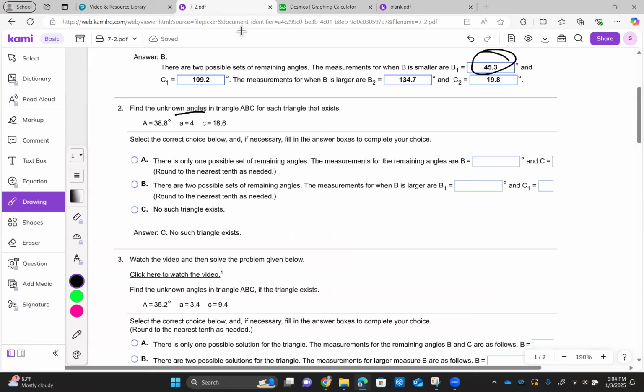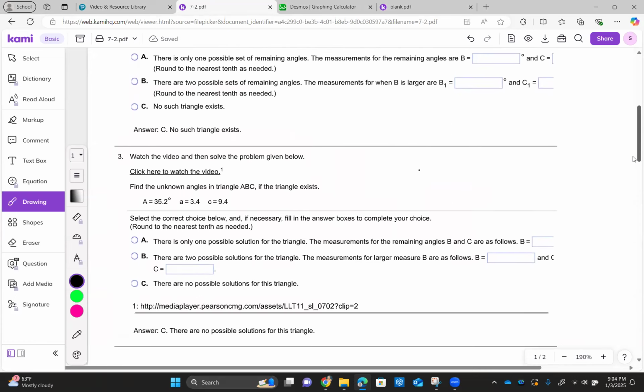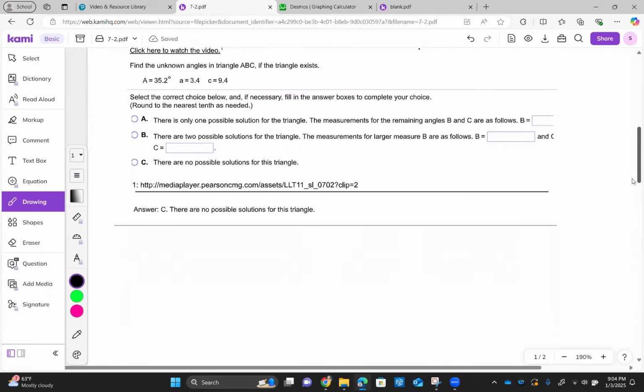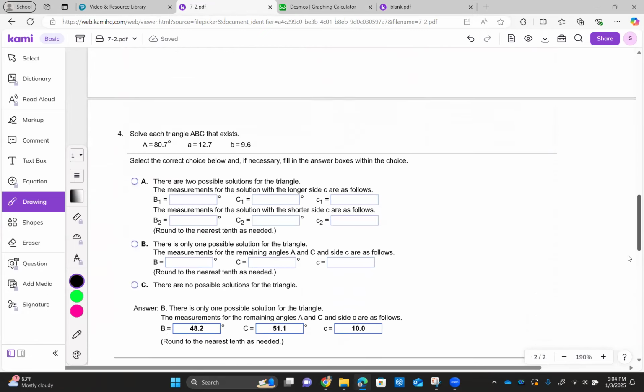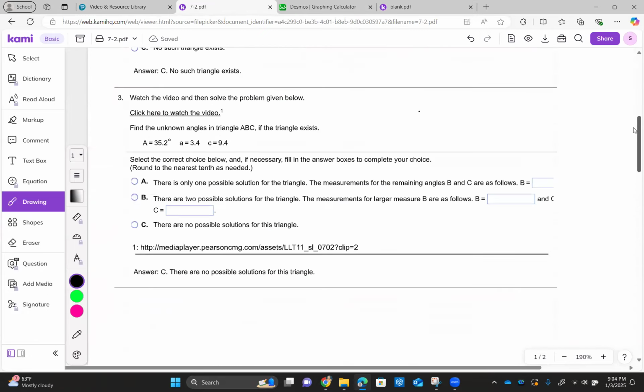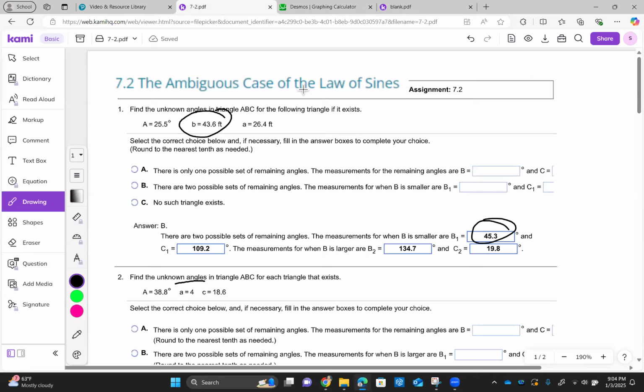So for these questions on the homework, some of these problems will have 2 solutions, some of them no solution exists, and some of them will have just 1 solution depending on the given numbers. And good luck with the ambiguous case of the law of sines for 7.2.